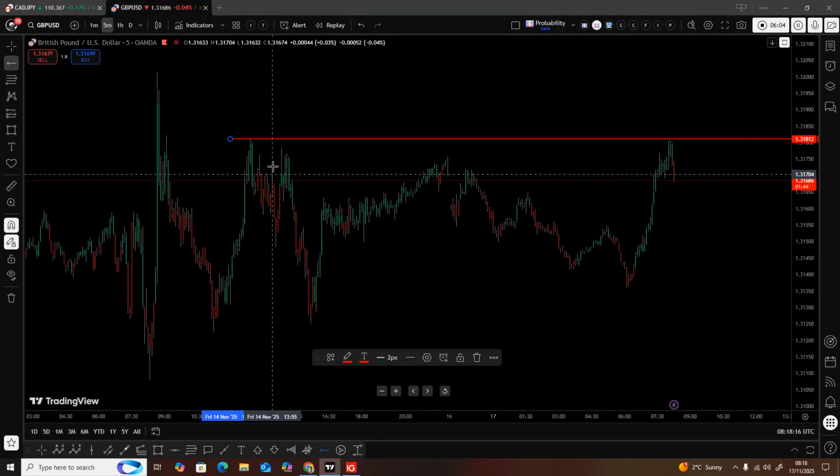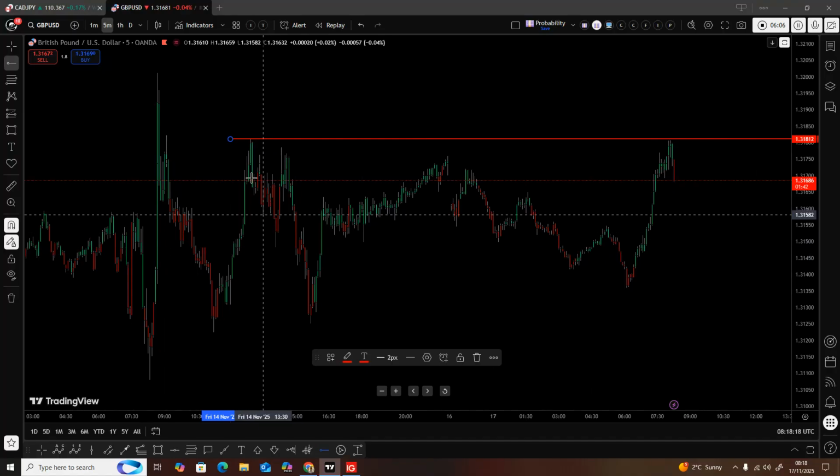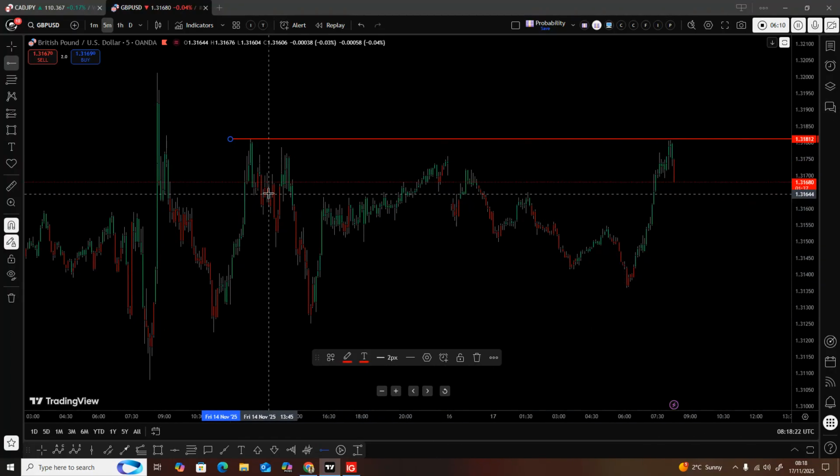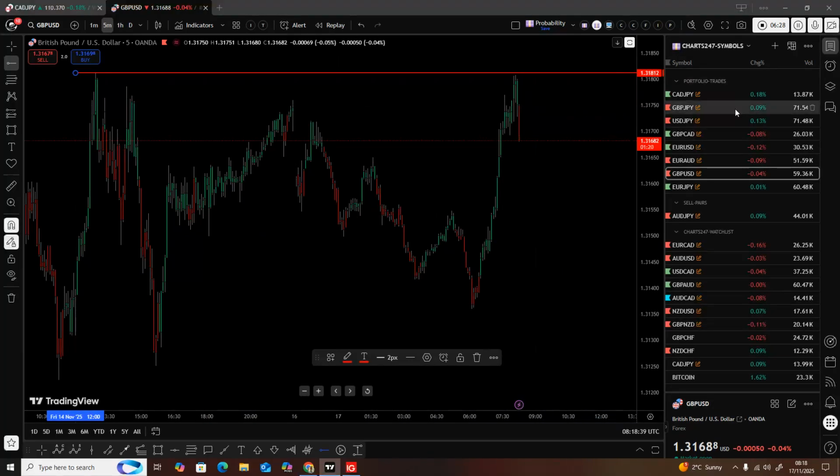It's not, because it did not give us two lower lows immediately it moved. So you see what I'm talking about. My idea with the pound GBP USD is to just leave it for now. No reference on the pound.